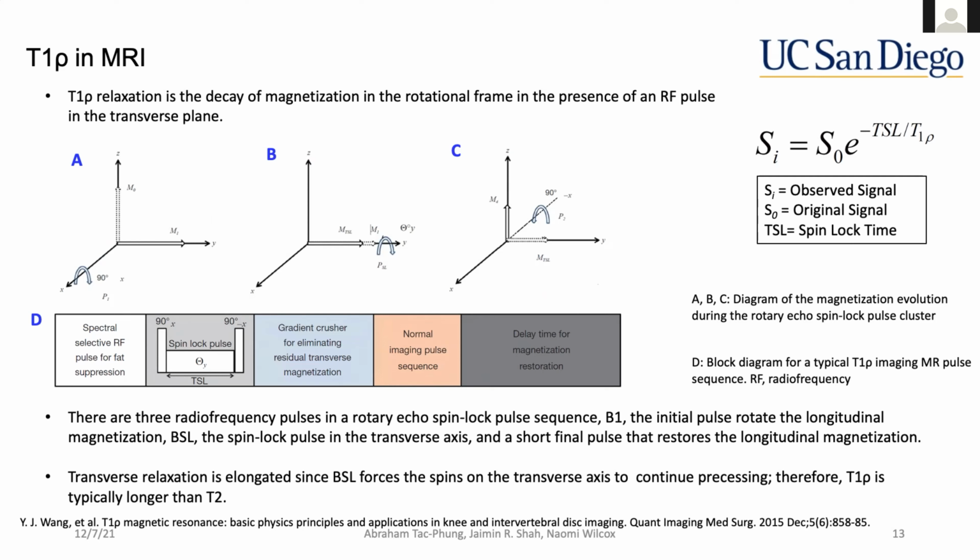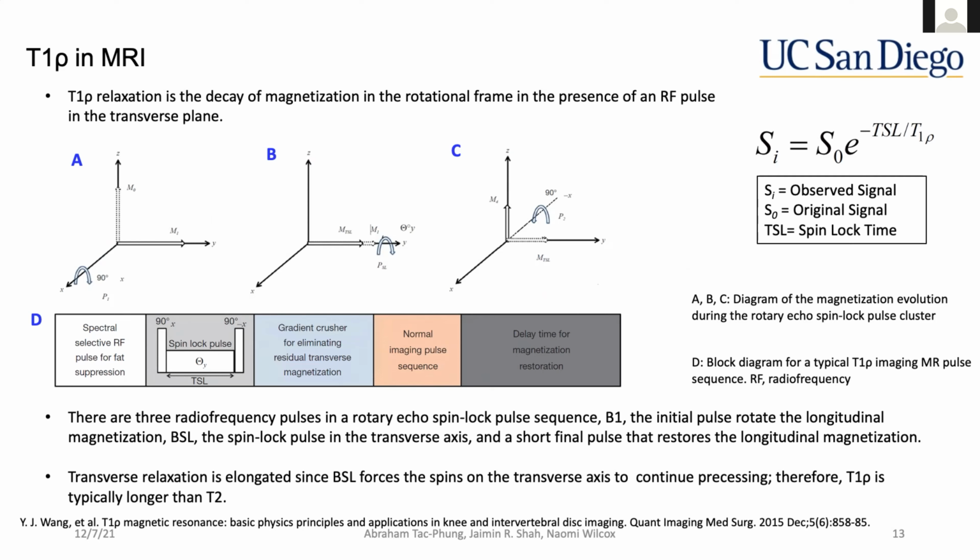Then after that, we have a refocusing of the magnetization on the transverse axis with this RF pulse, which is called the spin lock pulse. And then after that, the longitudinal magnetization is restored with another RF pulse.